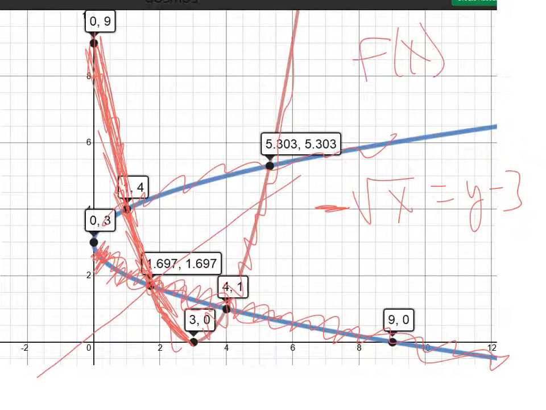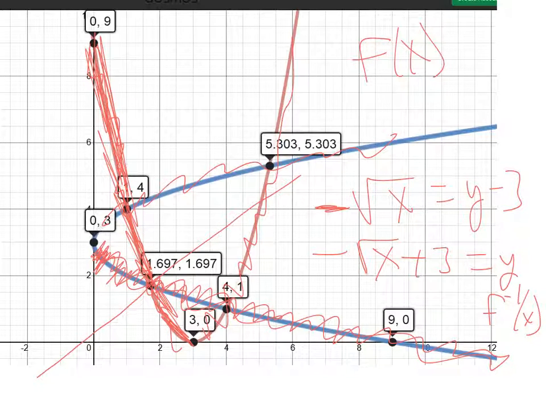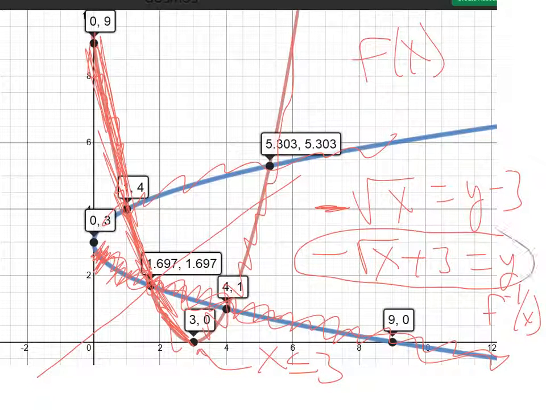And now I'm just going to add the 3 to the other side. So I write negative square root of x plus 3, and that's y, or f inverse of x on that restricted domain, x is less than or equal to 3. Okay, so I hope that helps. You're going to get plenty of practice with this.